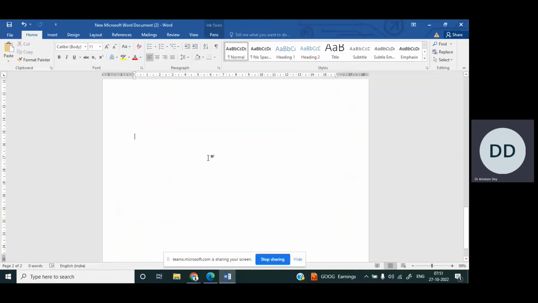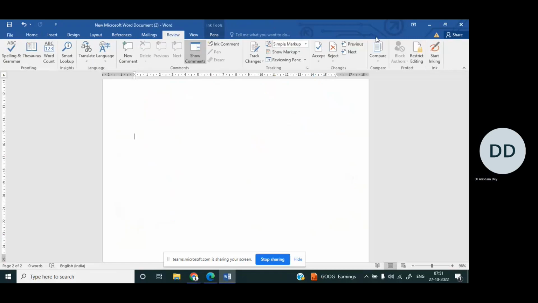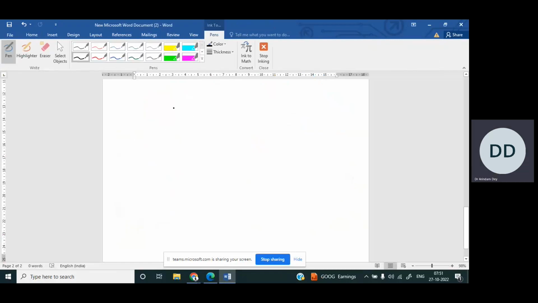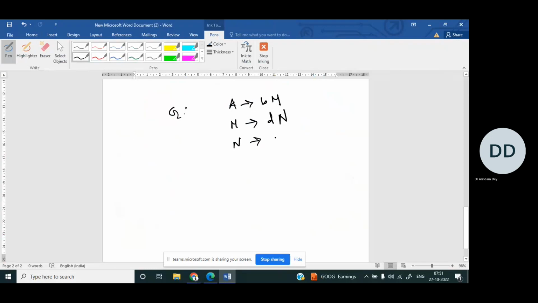For example, let I have a production. Let this be a grammar. Here they have given A to small b, capital M, and let capital M generate D, and it is also generating capital N, and capital N is generating T, right?